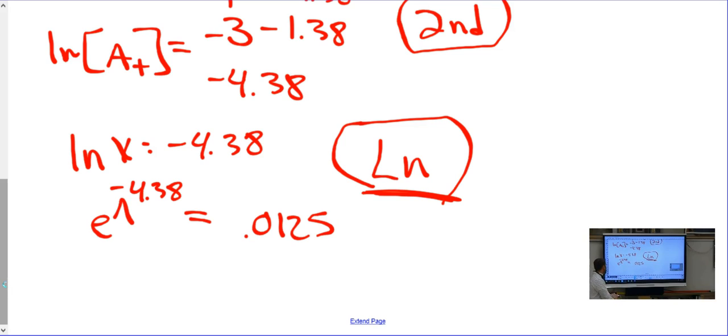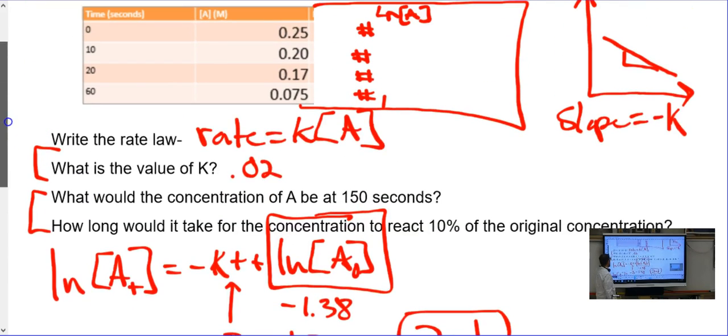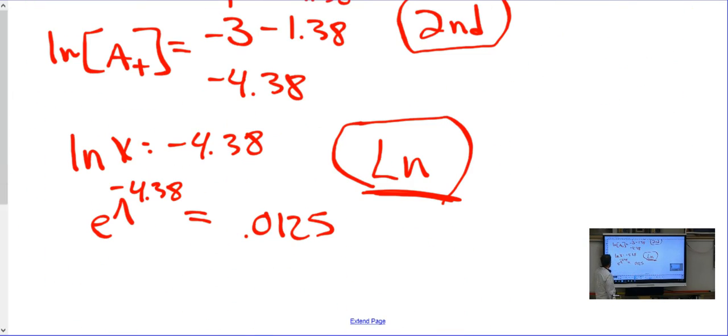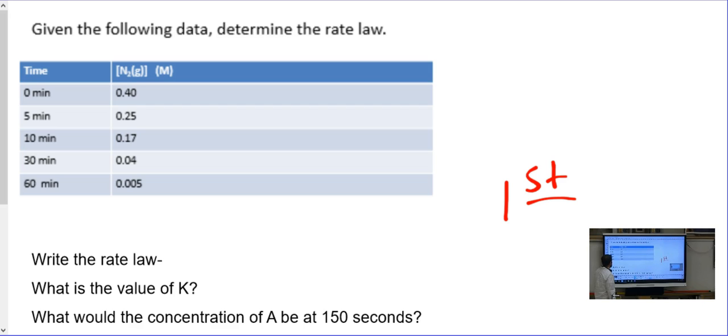All right. How do we feel about that? A lot better now? Okay. We're going to do the same problem. If you got any of this one wrong, will you redo the whole thing now that you feel better about it?